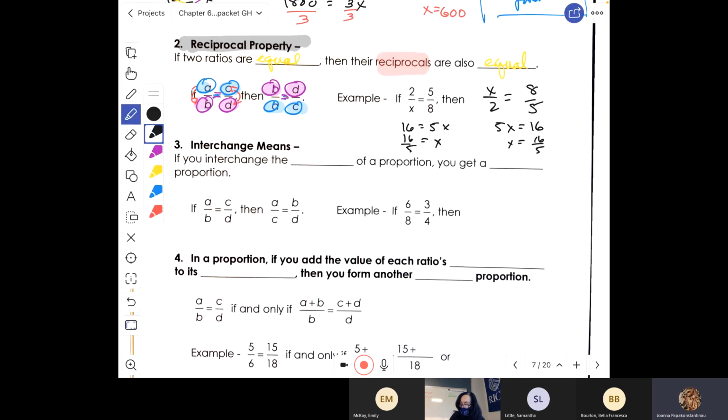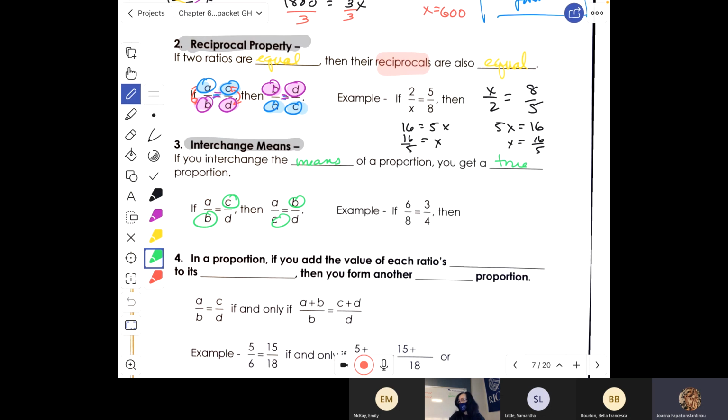Now, there is another property, and that allows you to interchange means. So if you interchange the means of a proportion, so I know that the 2 fractions are equal, the 2 ratios are equal, if I interchange the means, you still get a true proportion.